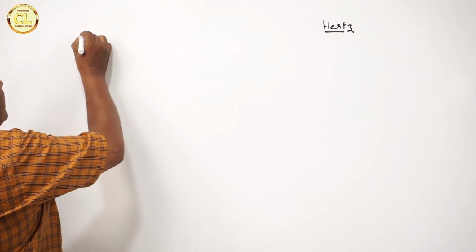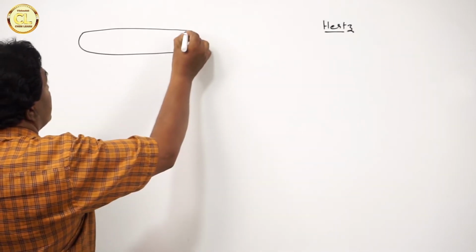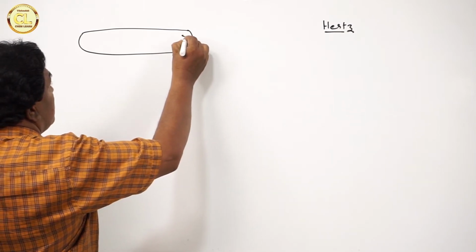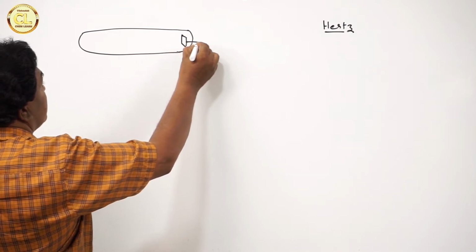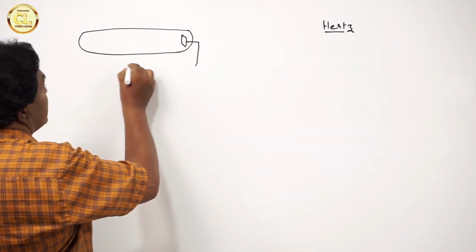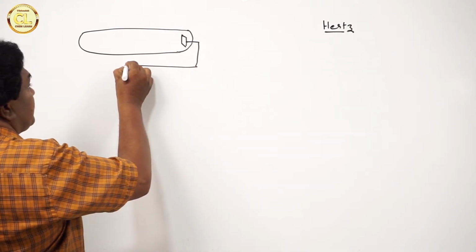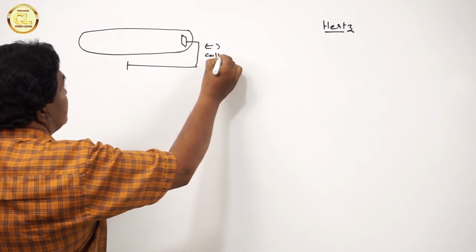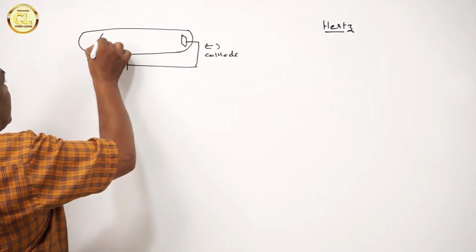See, a vacuum tube is taken and there is a metal like potassium, cesium, or any other photoelectric substance. It acts as cathode, and there is a collector.